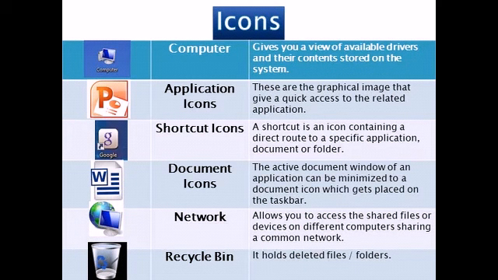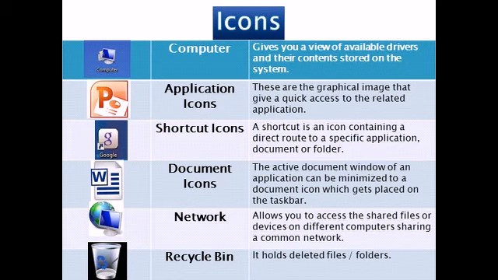The active document window of an application can be minimized to a document icon which gets placed on the taskbar. Network allows you to access the shared files or devices on different computers sharing a common network. Recycle bin is a folder that holds the deleted files and folders.